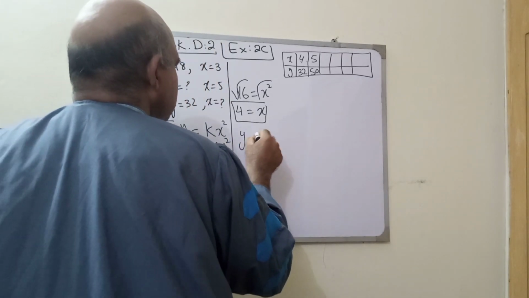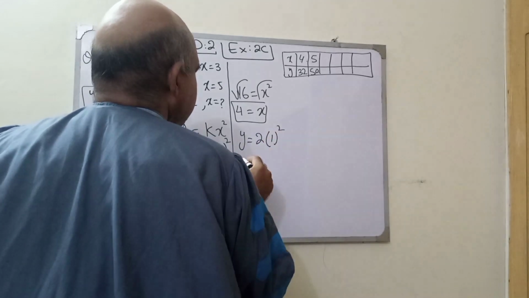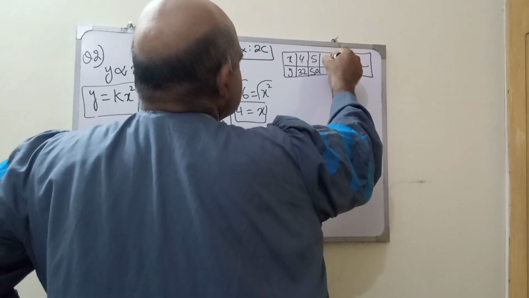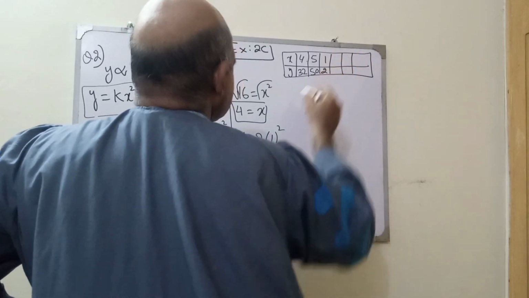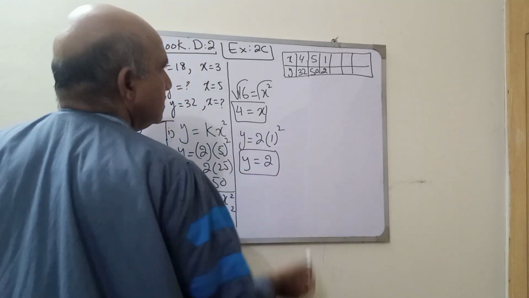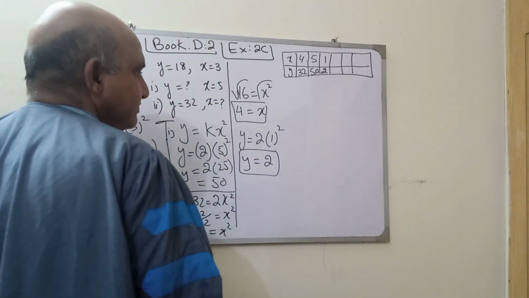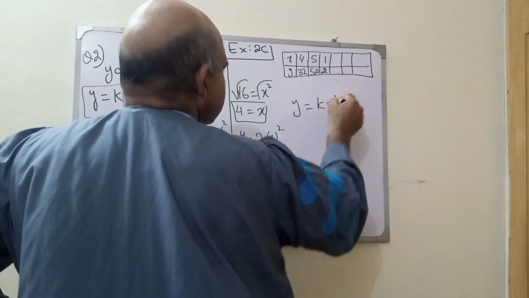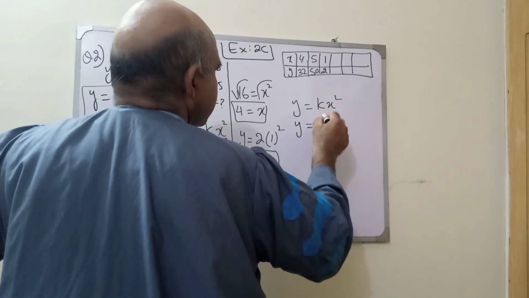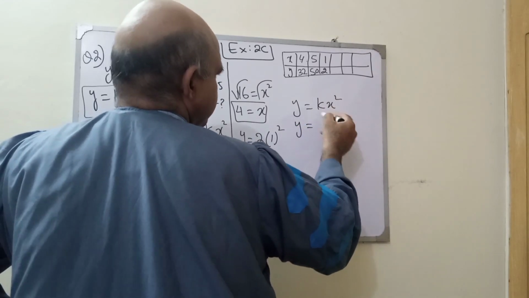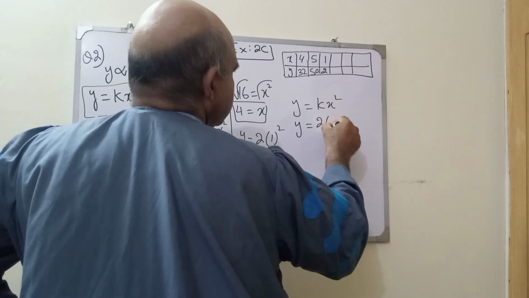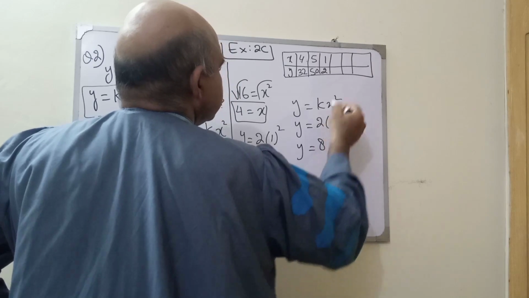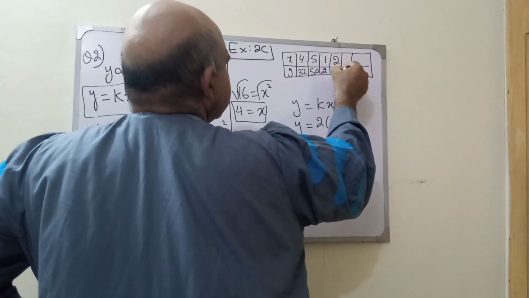Suppose y is equal to 2 into 1 squared, so y is equal to 2. So when x is 1, y is 2. Right? You can solve these and find these values like this, that y is equal to kx squared when x is 3, or 2. So 2 into 2 squared, so y is equal to 8. So 2 and 8.